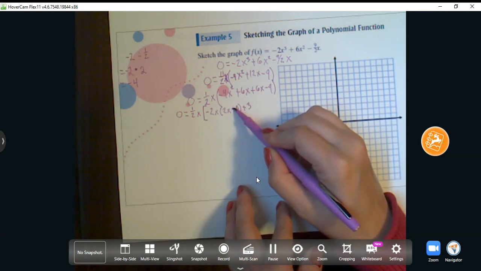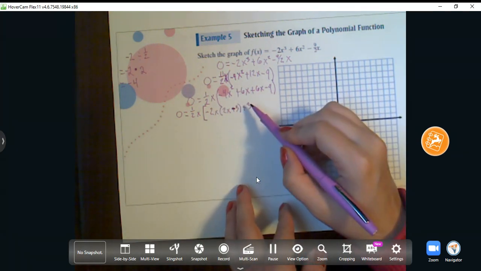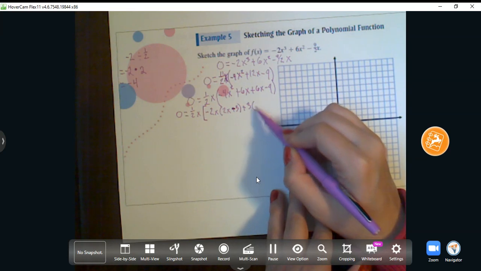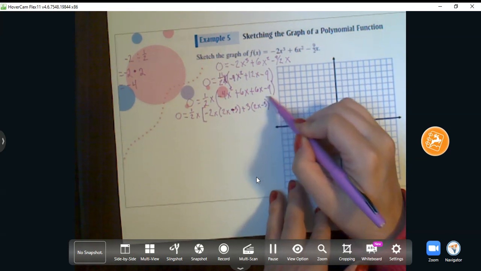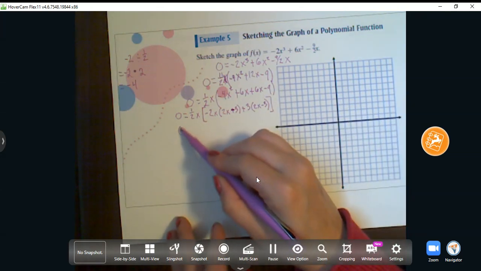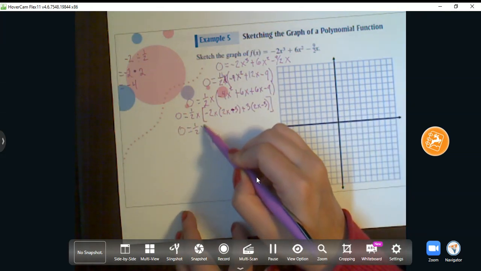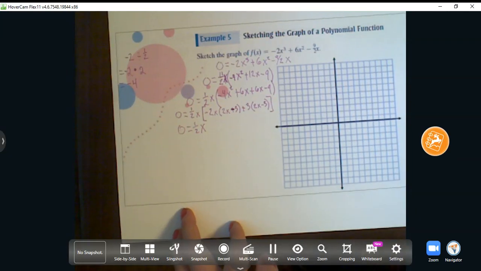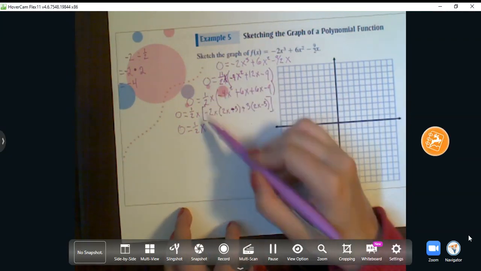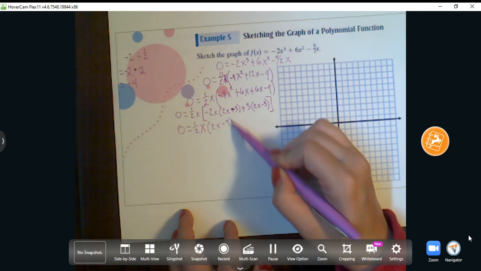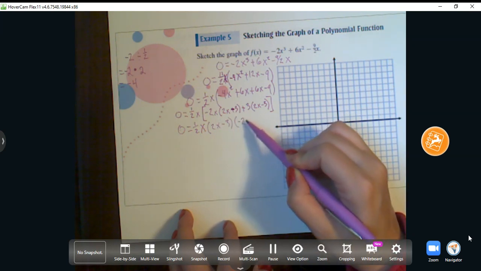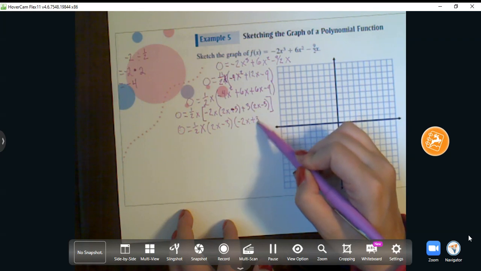This should be a -3 there. And then I'm left with a 2x minus 3 as well. So now, having all of my factors, I have 2x minus 3 times -2x plus 3.